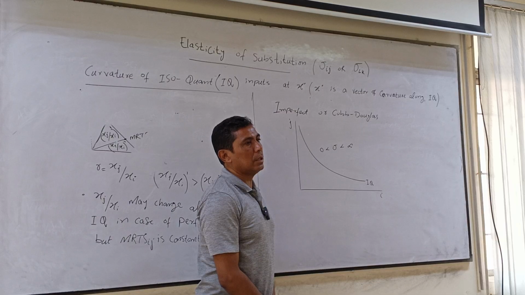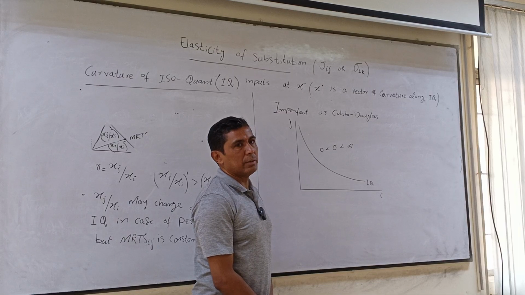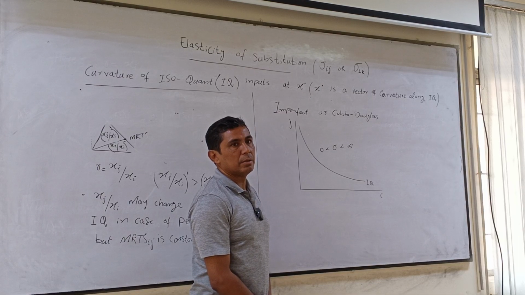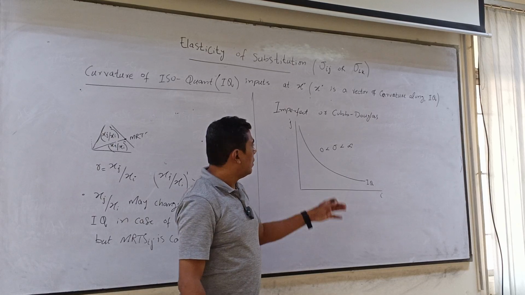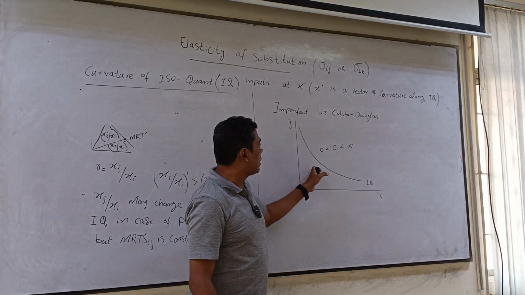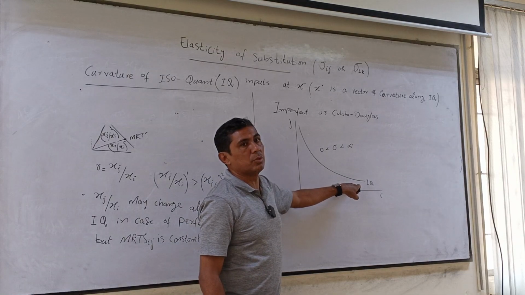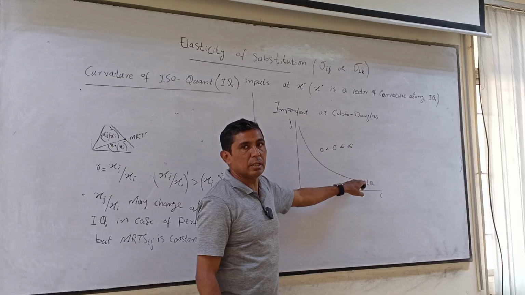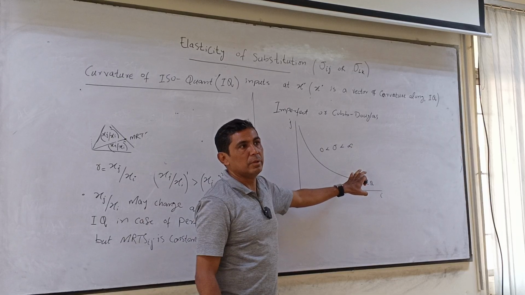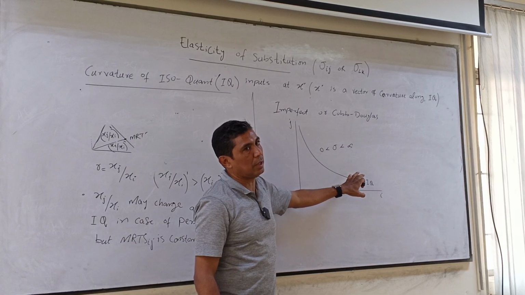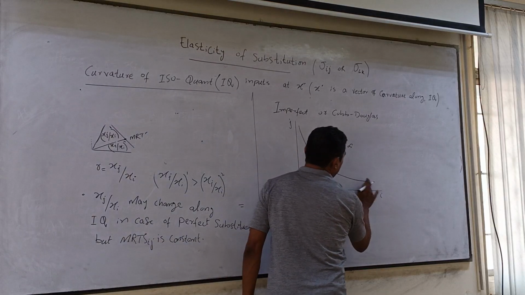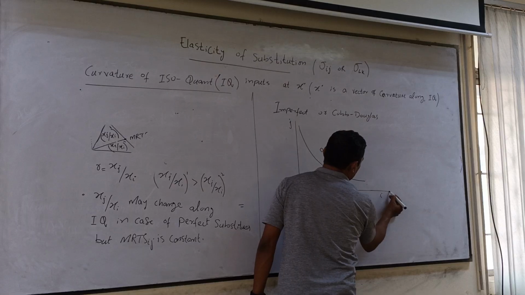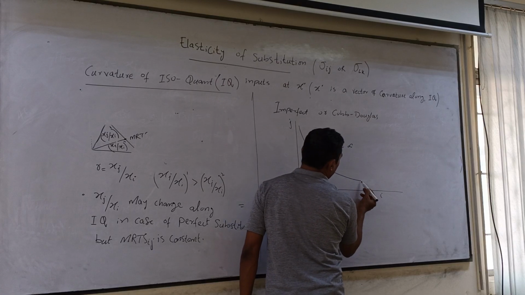It will not be 0 and it will not be infinity. Why? The reason is that it is always asymptotic towards the x-axis and the y-axis, never touching the x and y axes. So I can expand this isoquant in this way, whatever the curvature is here.